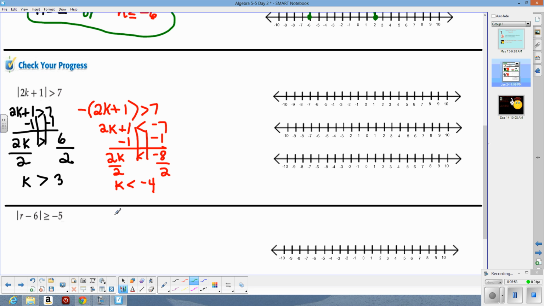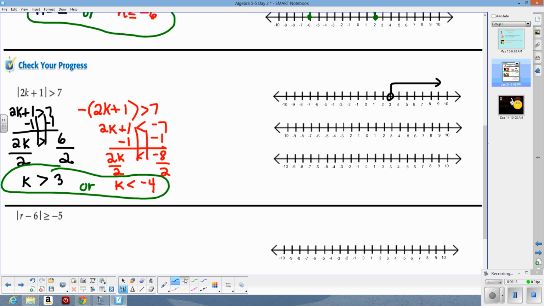We're going to join these two inequalities with the word or, because all of the absolute values where it's greater than a number away from 0, it's going to be with the word or. So now let's go back and graph the first one. K is greater than 3 means I'm going to have an open circle on 3, and the graph goes to the right.